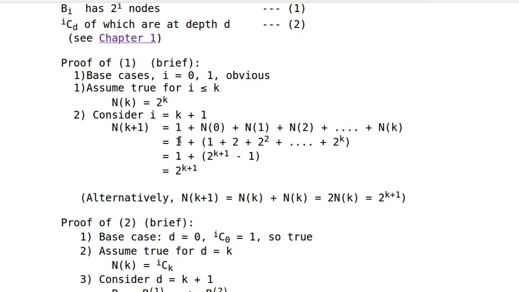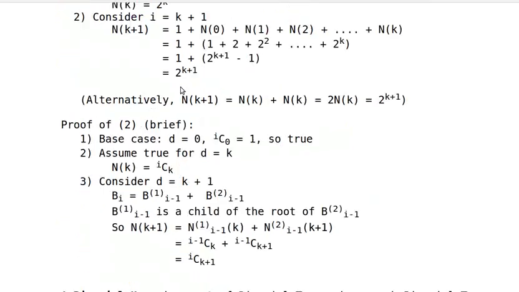Based on our hypothesis, ni equals 2^i for i smaller than or equal to k. So we have 1 plus 1 plus 2 plus 2 squared plus up to 2^k, and the sum of all this is equal to 2^(k+1) minus 1. So that means it is equal to 2^(k+1).